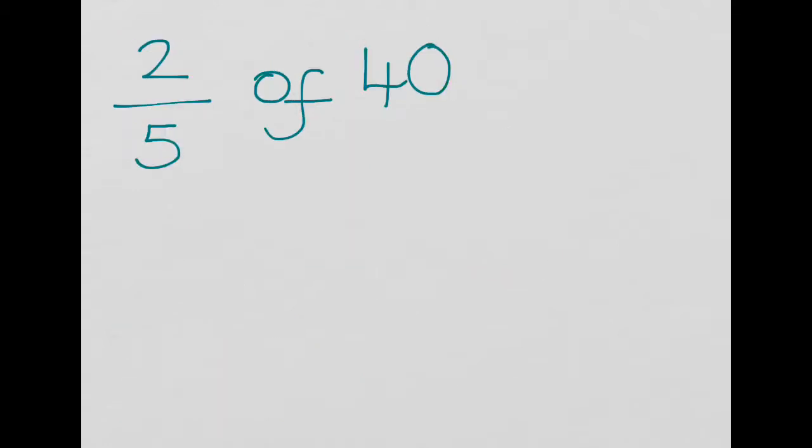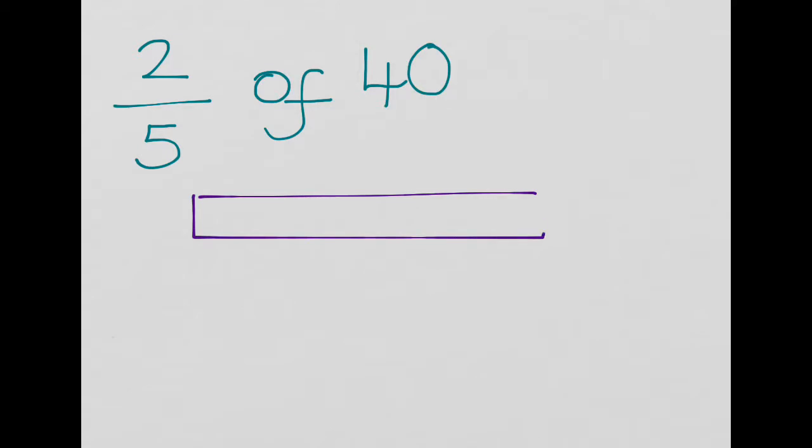2/5 of 40. Okay, I'd like you now to draw me out a bar, and I want you to show me what the bar would be divided into to start with, and just stop there and press play again. So draw me a bar. What are you going to divide that initial bar? And I'm going to draw you the initial bar. What's that going to be divided into?